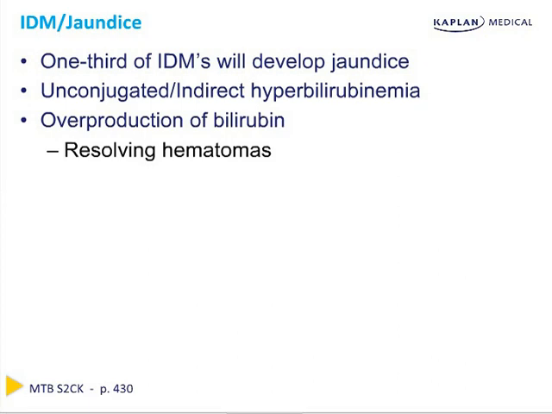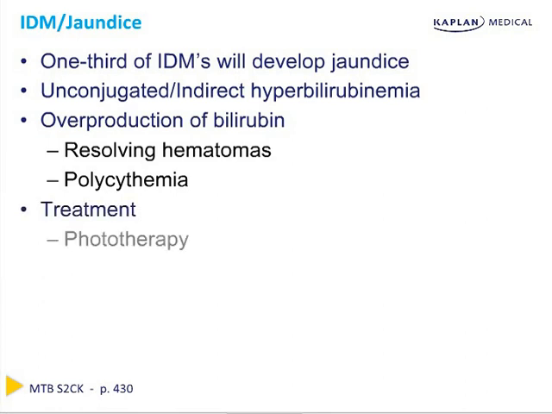That leads to increases in indirect bilirubin. Related to polycythemia, polycythemia also is more common in infants of diabetic mothers. And so the polycythemic kid is going to have more red blood cells to break down, leading to an increase in indirect bilirubin. The treatment is the same as any other hyperbilirubinemia, and it's phototherapy. It conjugates, transforms the bilirubin, and allows for its elimination.